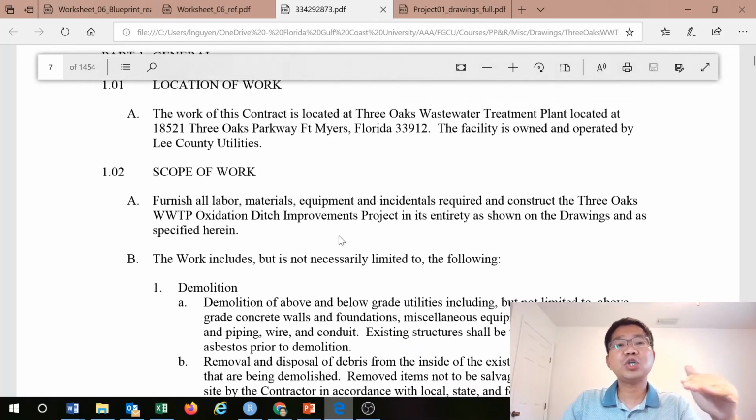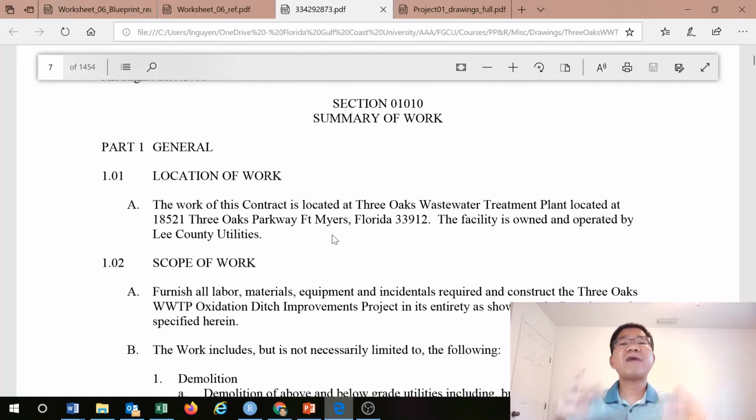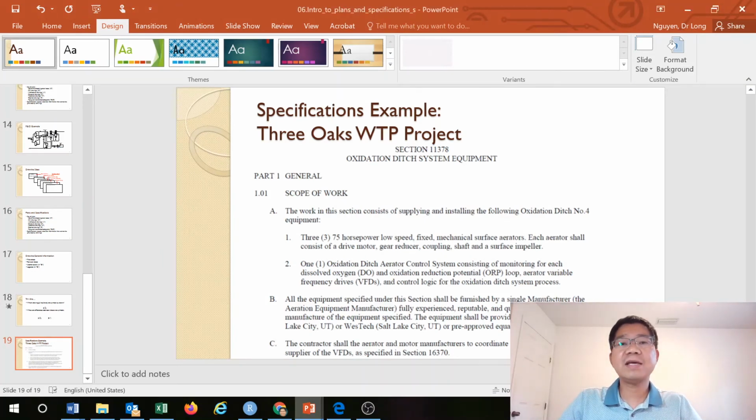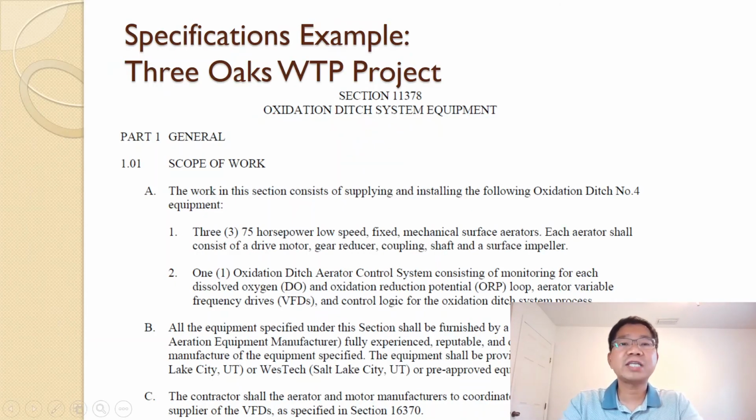And then in each division, they specify what is supposed to be done. Just for example, here is section 11378, which in this case is supply and installation of the oxidation ditch equipment.